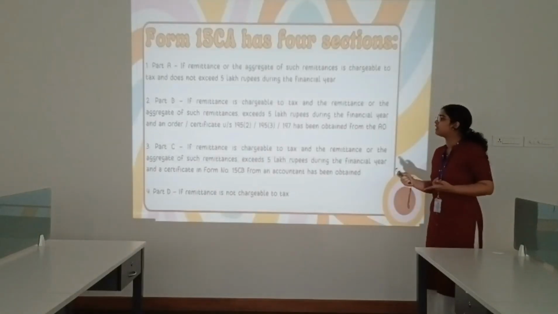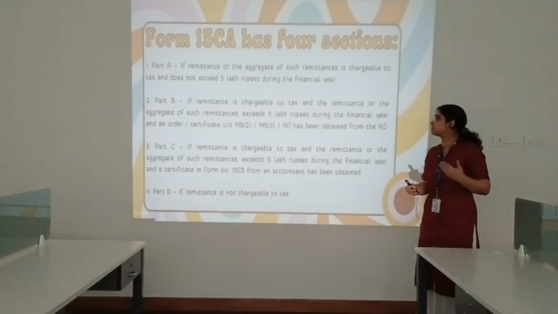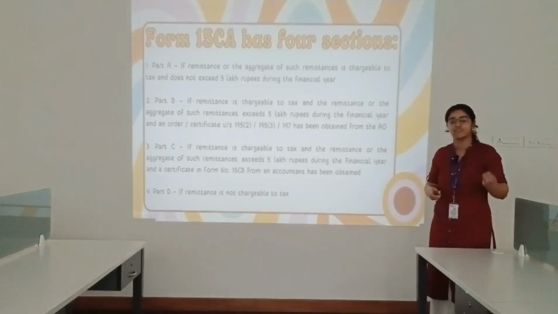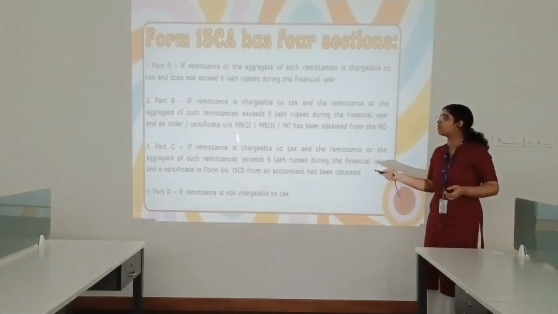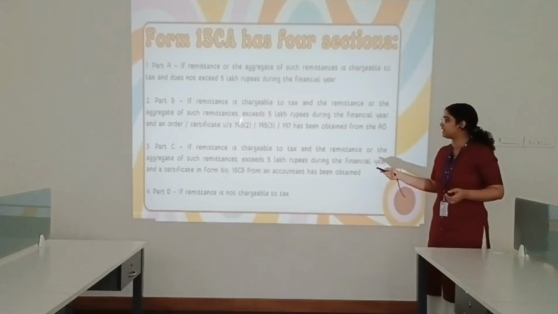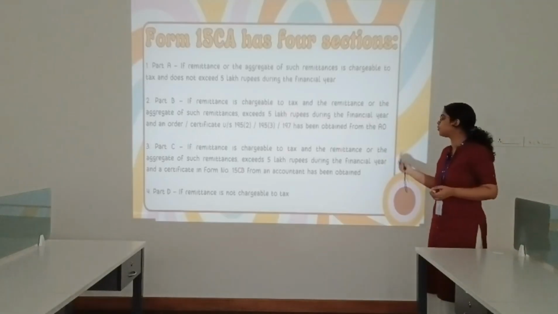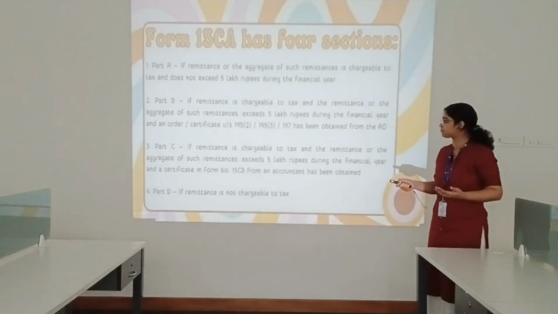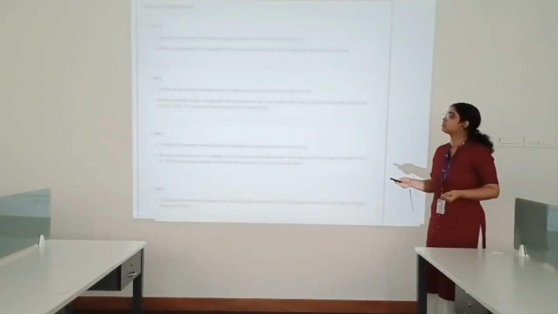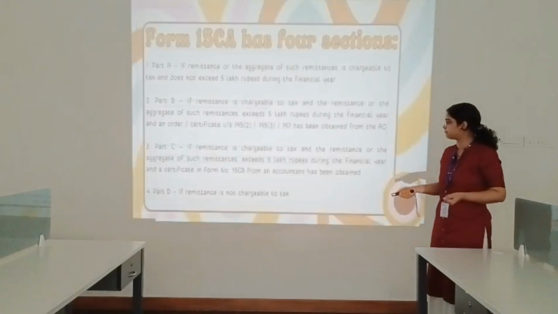Next is Part B: if the remittances or aggregate of such remittances is chargeable to tax and exceeds 5 lakh in the financial year, and an order or certificate under section 195(2), 195(3), or 197 has been obtained from the AO, the assessing officer, then you are supposed to fill Part B of 15CA.